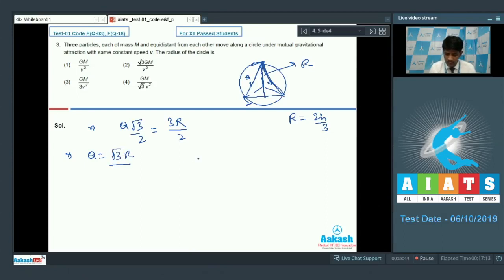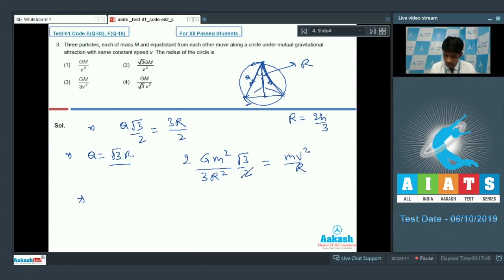So force on this particle is G m square divided by a square, that is 3r square. This angle is 30 degree, this angle is also 30 degree, it is cos 30, that means root 3 by 2, and force because of this mass along the direction and this mass along the direction, that is twice. It must be equal to mv square by r.